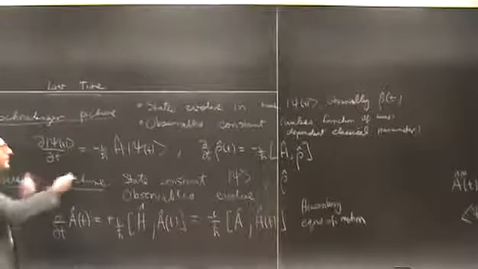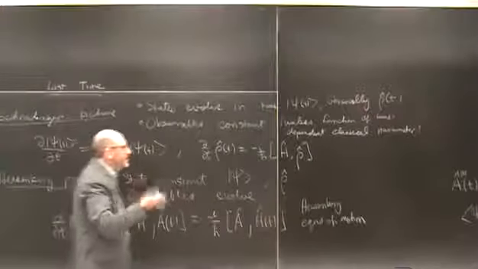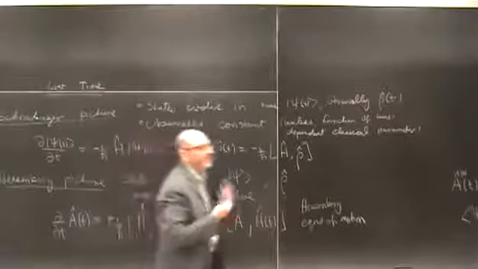And if I'm thinking about things like multi-time correlation functions, which are also expectation values, then one typically works in the Heisenberg picture.